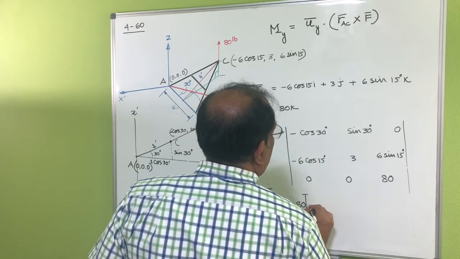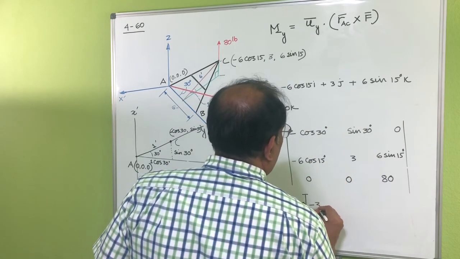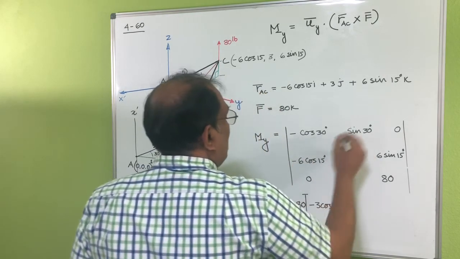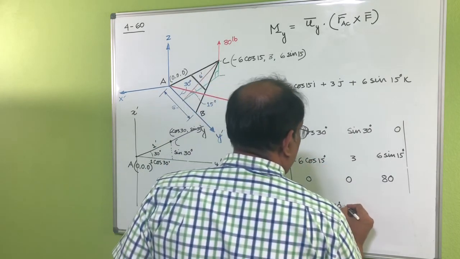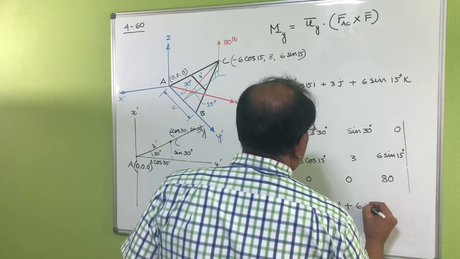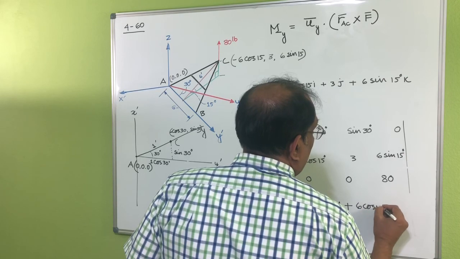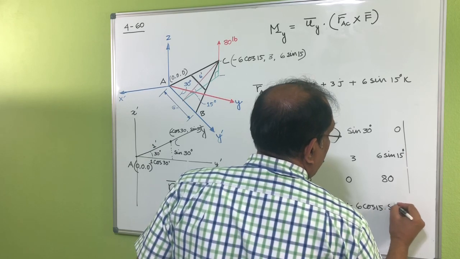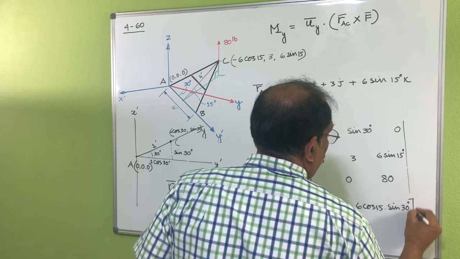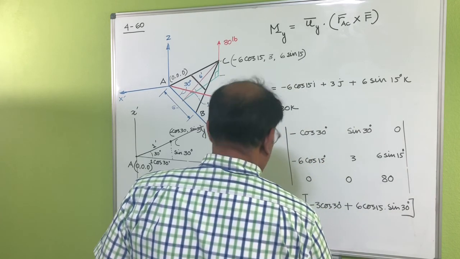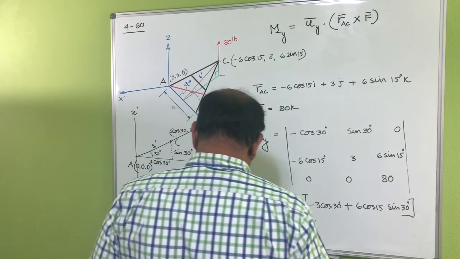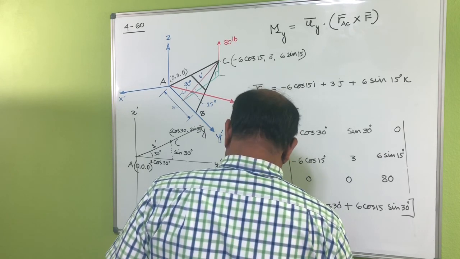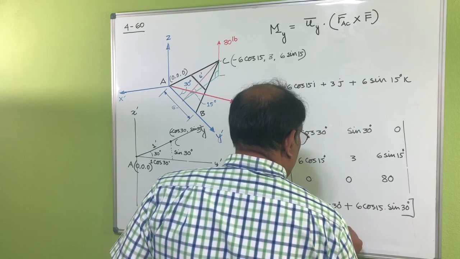So this one is minus 3 cosine 30, and this one is negative and negative, that's positive 6 cosine 15 into sine 30. So that's basically 282 pound-feet.